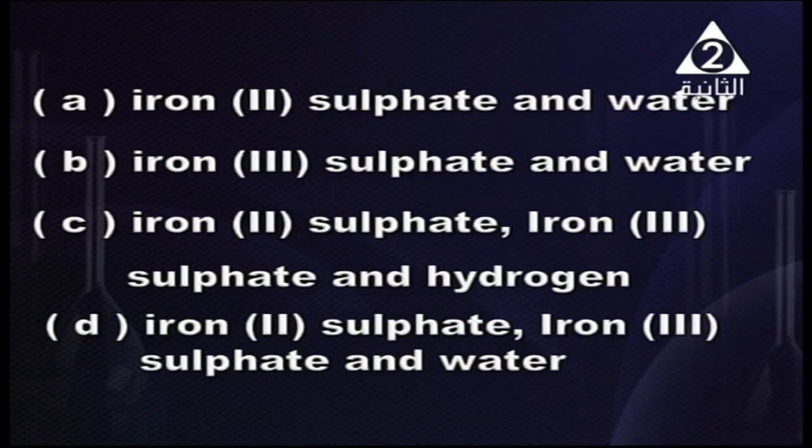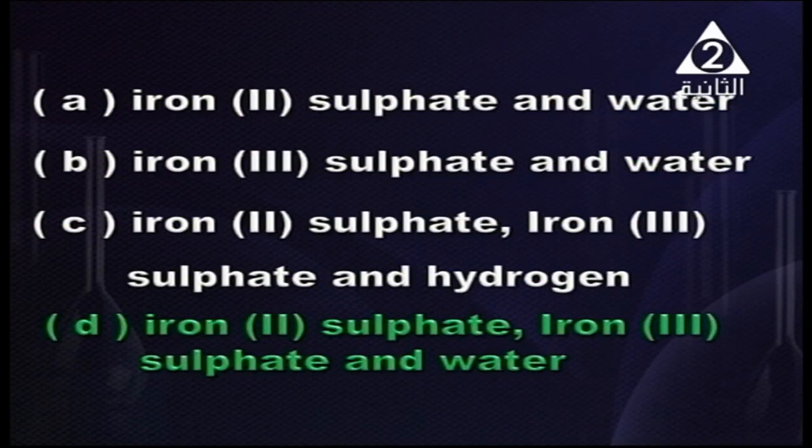If you think about it, my dear student, you will find the answer. It will be iron 2 sulfate and iron 3 sulfate and water, as the mixed oxide here forms two types of salts, iron 2 salt and iron 3 salt.